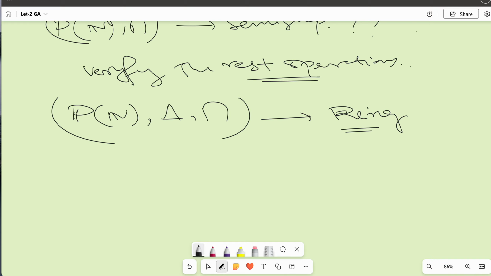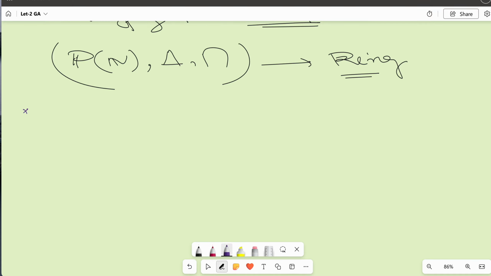So let me ask one question on this. Don't look at the answer, I will just pause and you think about it. Let R plus dot be any abelian group, right?